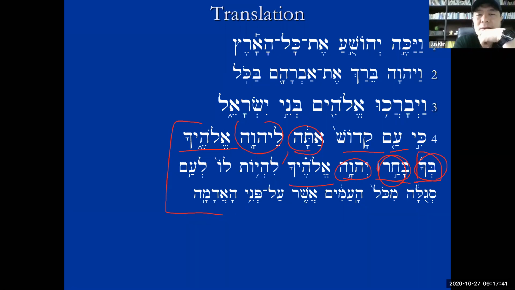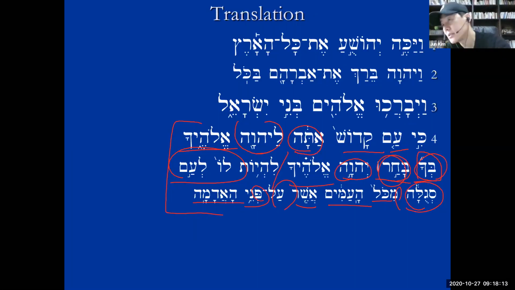And then what is it? Why did he choose you? To be his people. And you can highlight treasure, possession. So say his people as a treasure from all the people who are upon the surface of the earth.